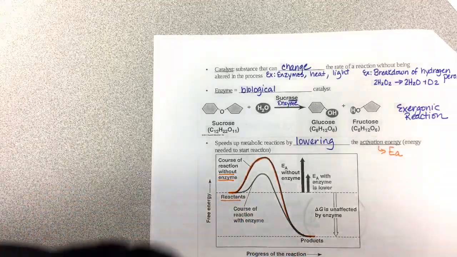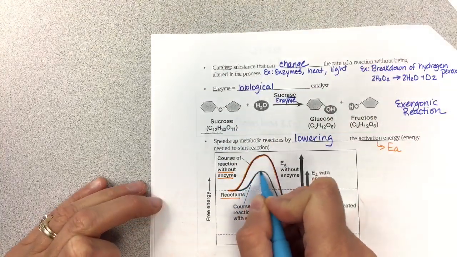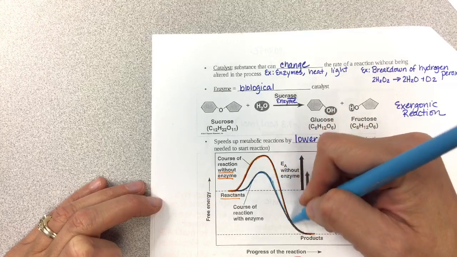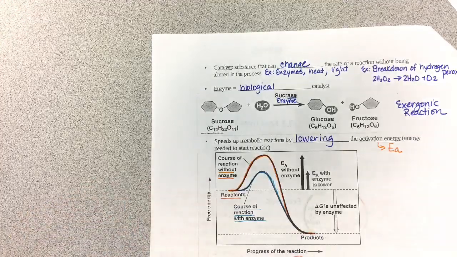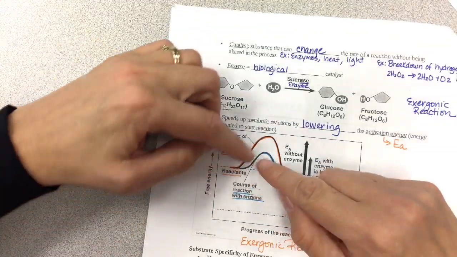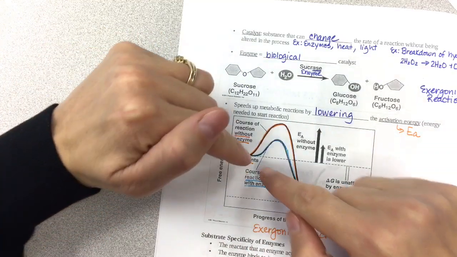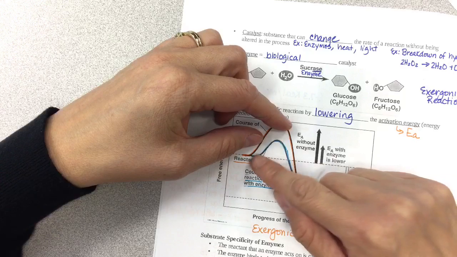Let me get my other marker here. So let's do this and color this one. Lowering the activation energy. All right, and so this is with an enzyme right here. Notice what they've done is that the enzyme has lowered the activation energy, so you don't need as much energy.